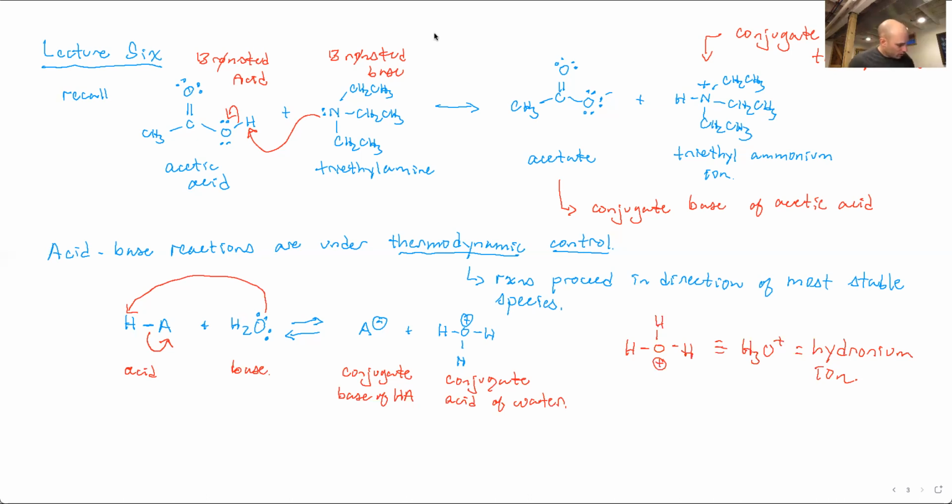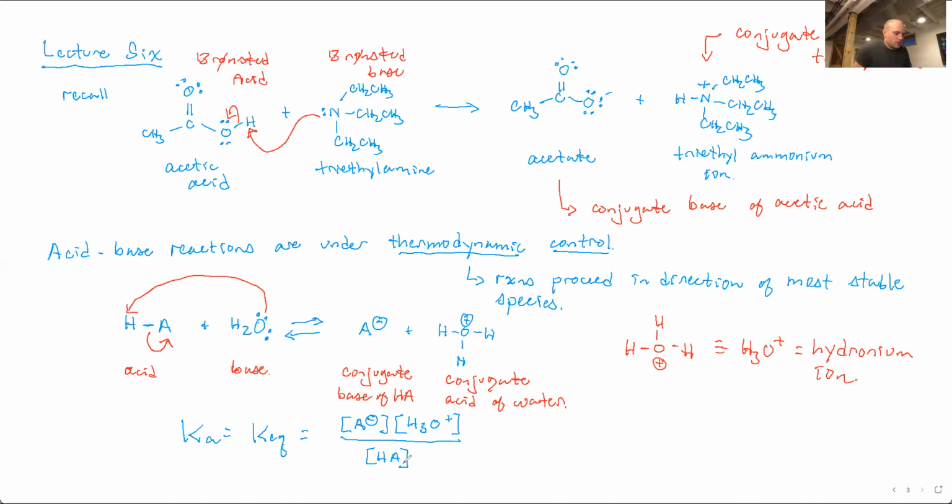We can define that as Ka equals Keq, the equilibrium constant, which is defined as the concentration of products over the concentration of the starting acid.